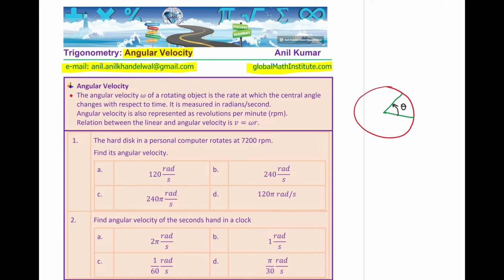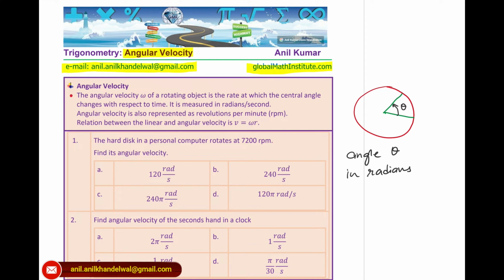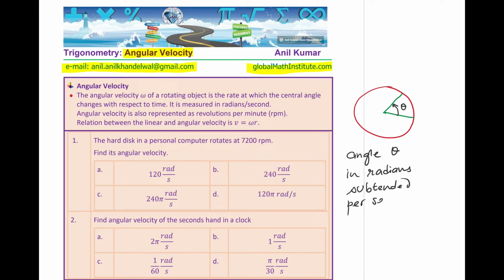So the angle theta in radians subtended per second. That is what angular velocity omega is, right?